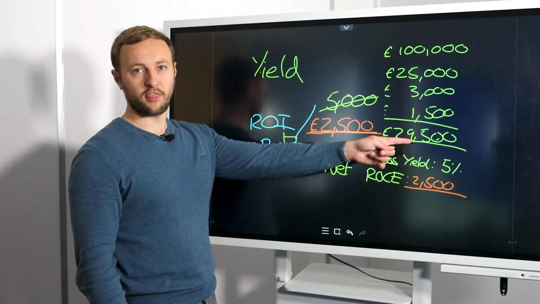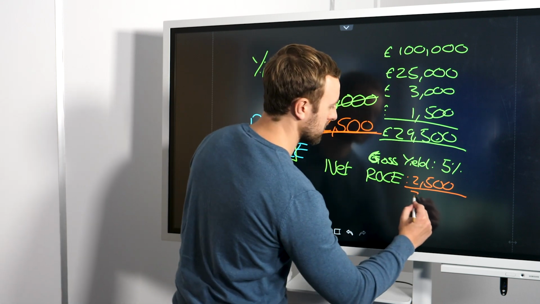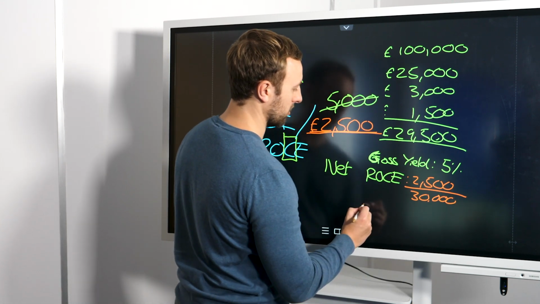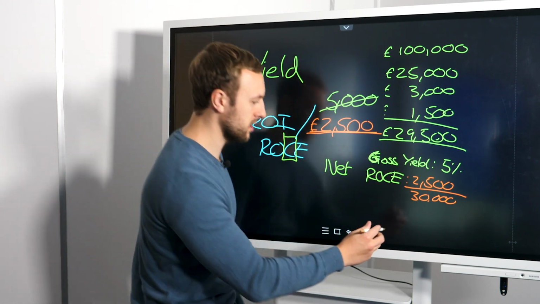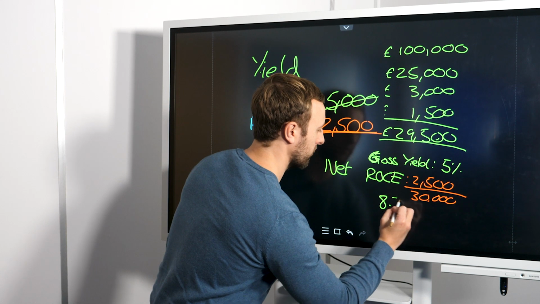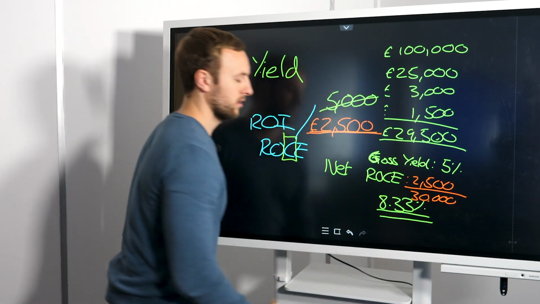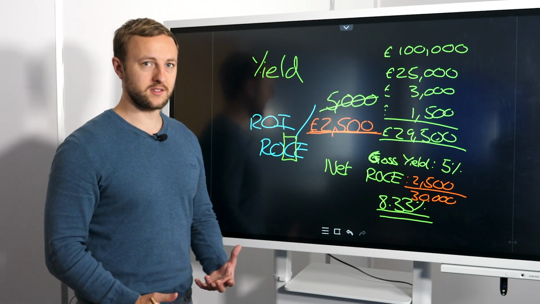Let's call it 30,000. It's 29,500, but let's call it 30,000 to make it easy. Okay. So what it's coming out as a percentage is 2.5 over the 30 is 8.33% return, okay, annualized. That's before refinance, okay?